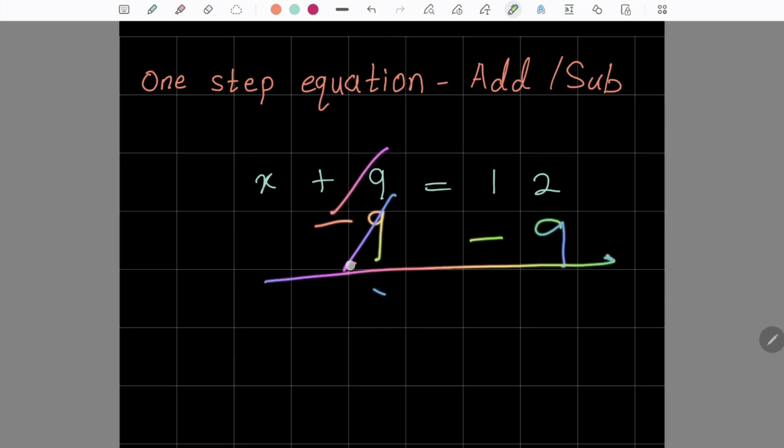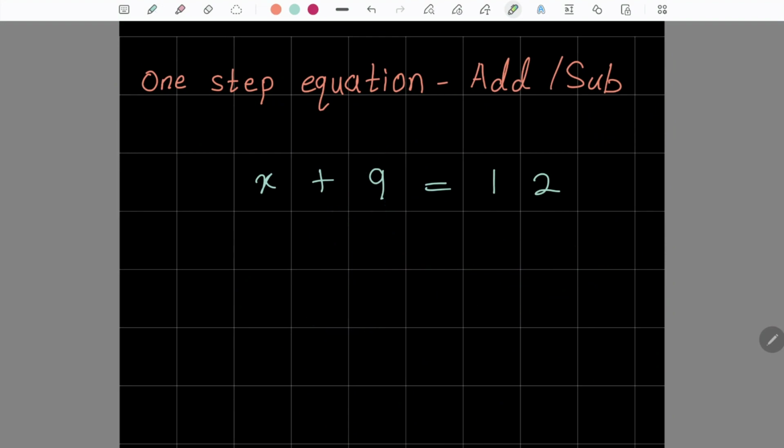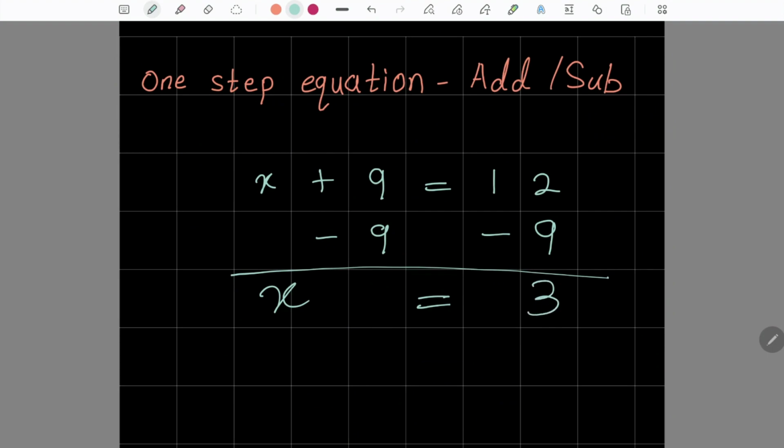So this is going to cancel each other out, and 12 take away 9 would give us a 3, which is x equals 3. So take away 9 from both sides. This would cancel each other out and give us just the x and 3. So x equals 3.